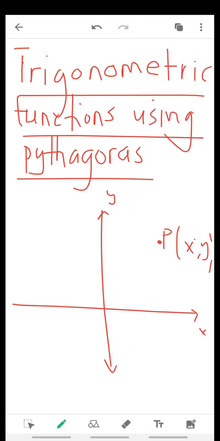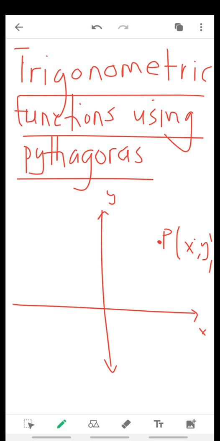Okay, now we are done with reciprocals, and we want to look into trigonometric functions using the theorem of Pythagoras. Now let us say I have point P, and point P will be representing an x value as well as the y value given as a coordinate point.